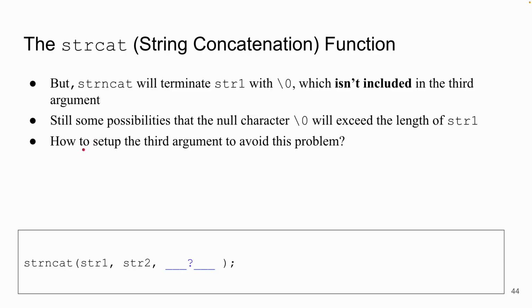So how can we set up the third argument to avoid this problem? What number should I put here to make sure that string 1 can end with a null character, and the remaining space is used to store the characters from string 2?